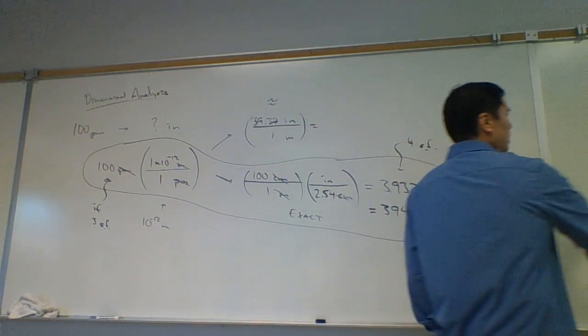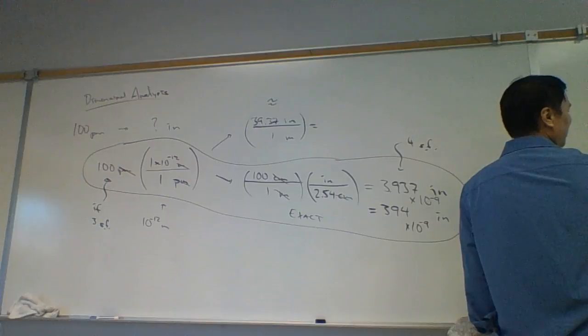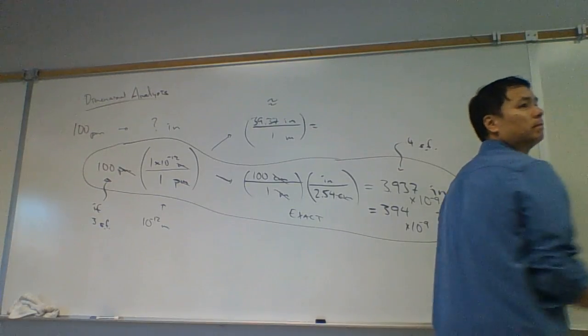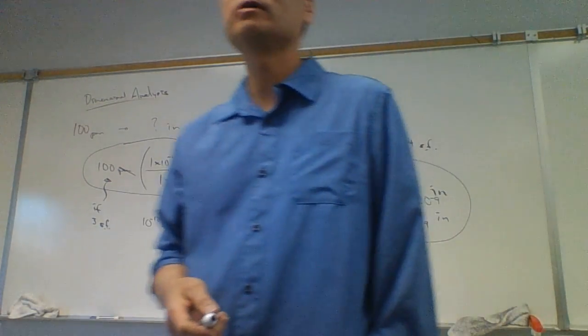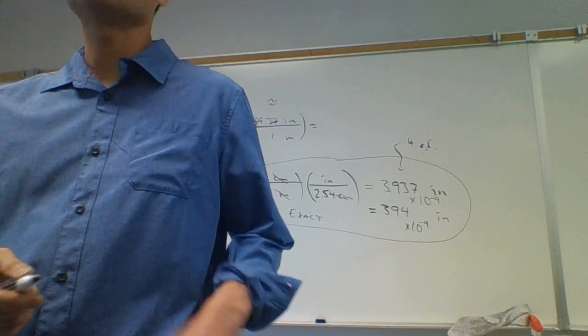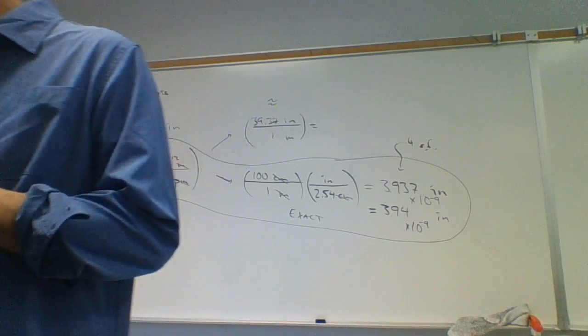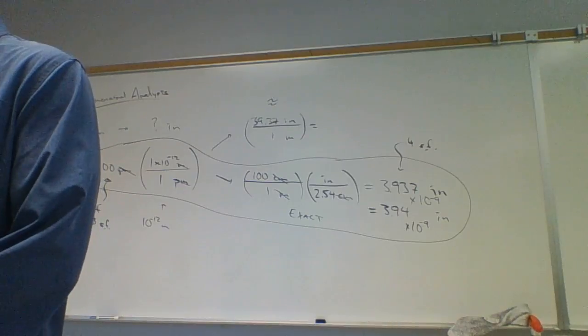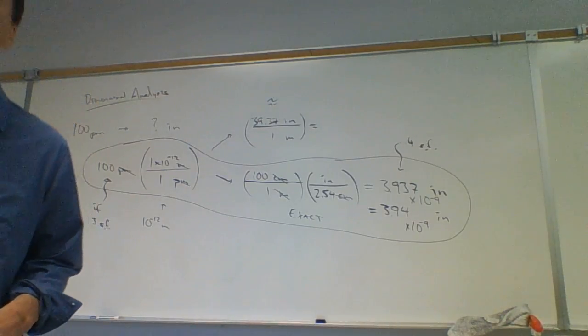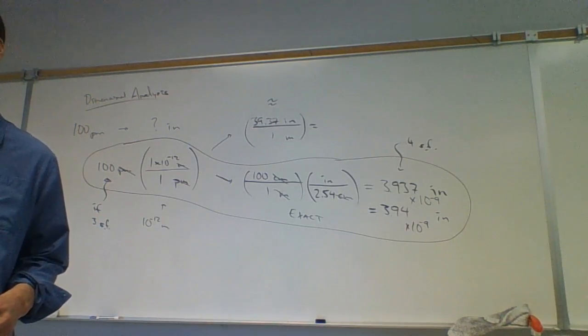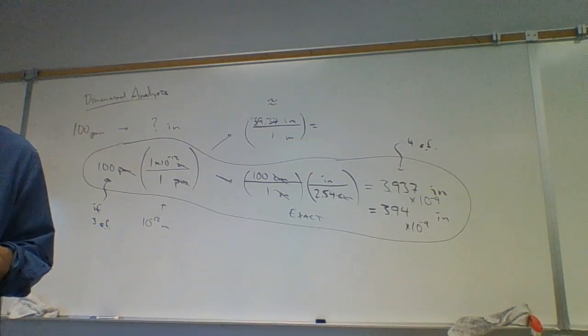Your calculator is not going to call this 99.99. It's just going to round it to 100%. Is it really 100%? No, it's round-off error, because of your calculator. Sometimes we got to be aware of that. But for Chem 4, we don't. For Chem 1A, you don't really. For Chem 1B, you do. You got to worry about it.